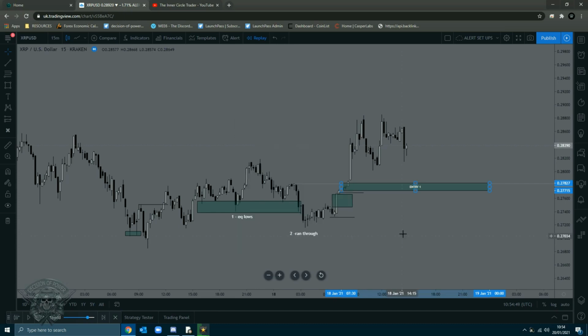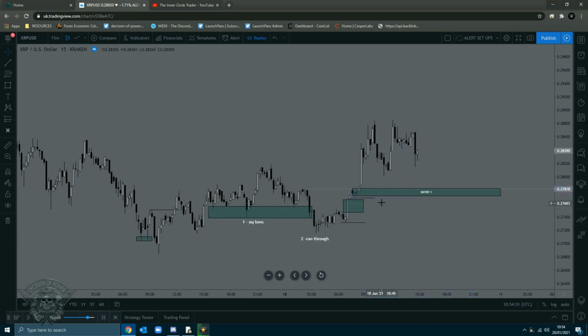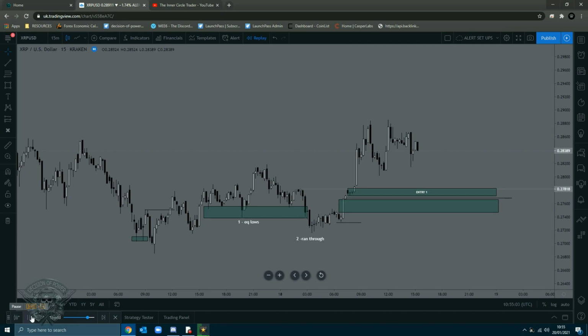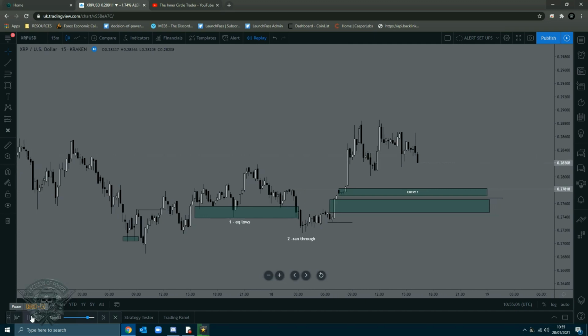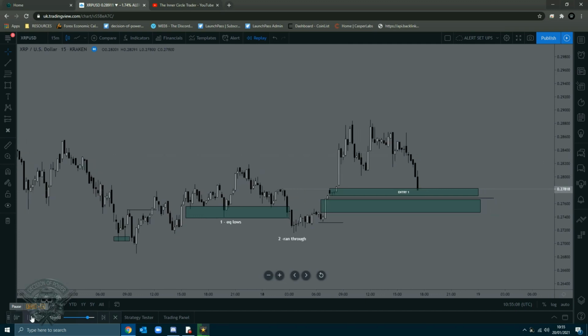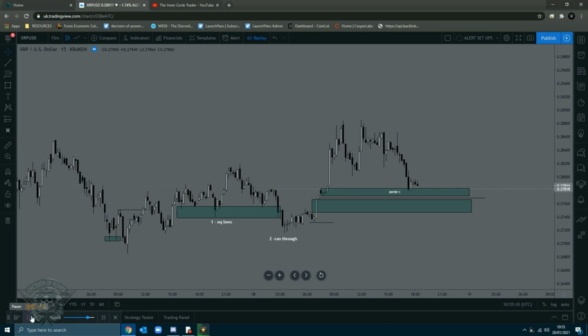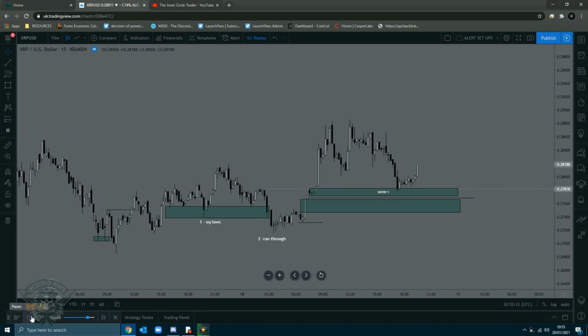Okay, and that's going to be where we'd like to take our first position. Right, so like I say, if it does come down and stop us out, not to worry. We'd look to get in here on the second potential area for a setup. Right, so let's play it out. Okay, so that's now triggered into a long position.